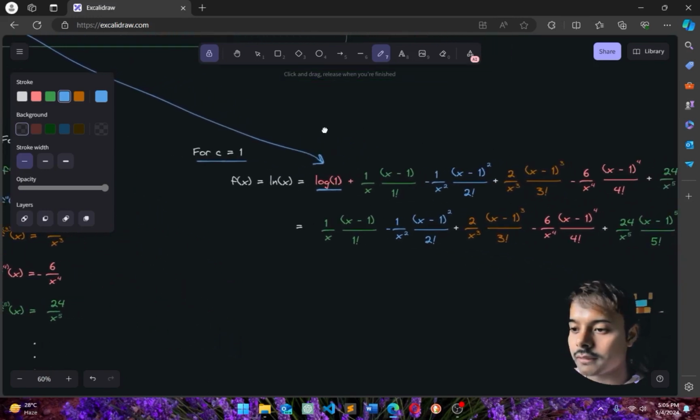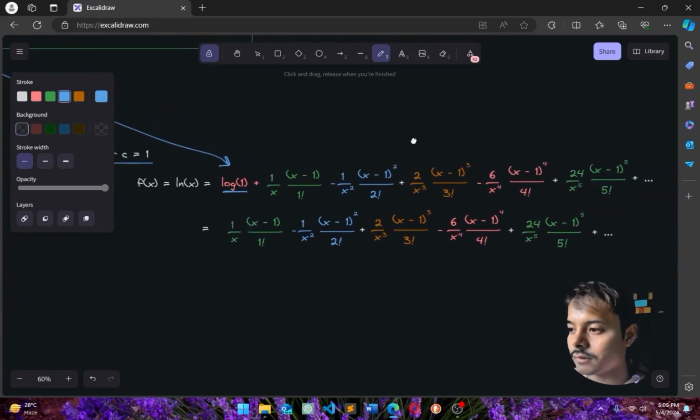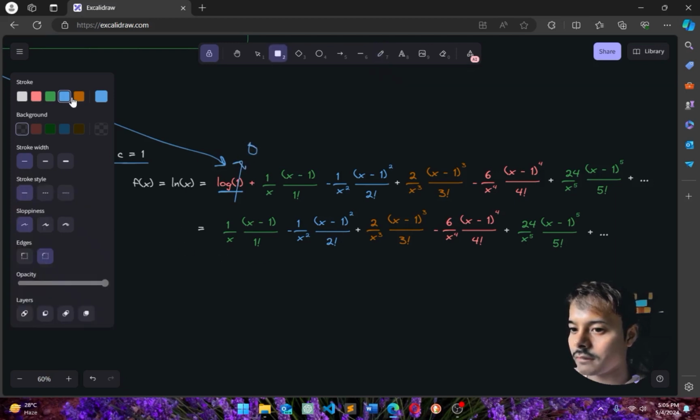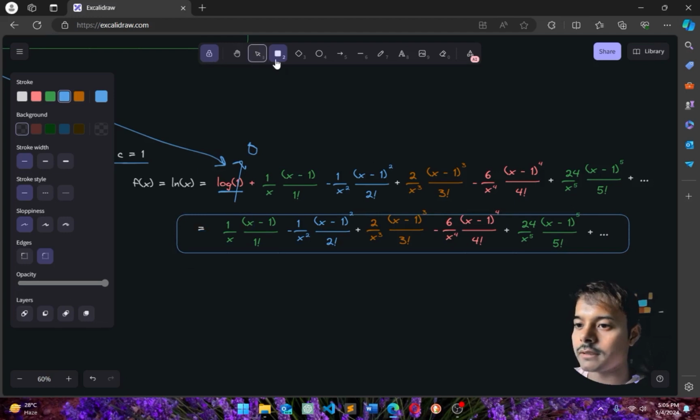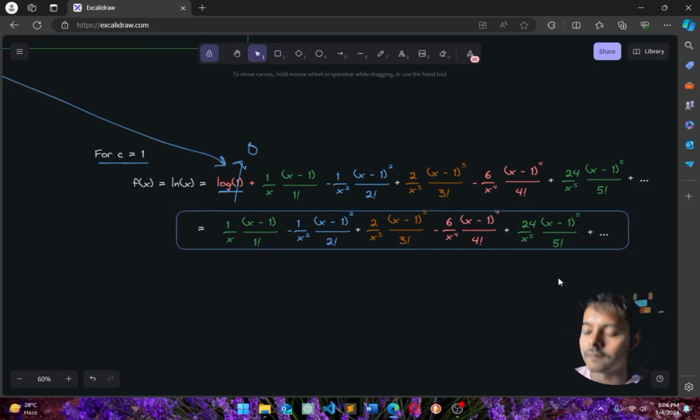So we substitute the value here. This is how the log expansion looks, and this is going to be 0, and we get the final series of log. This is the final Taylor series of log.